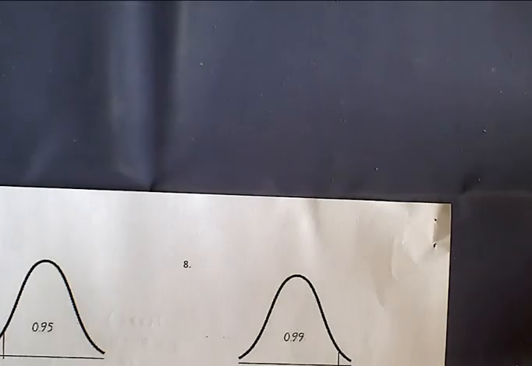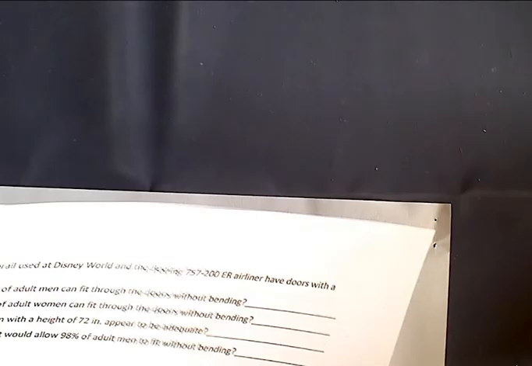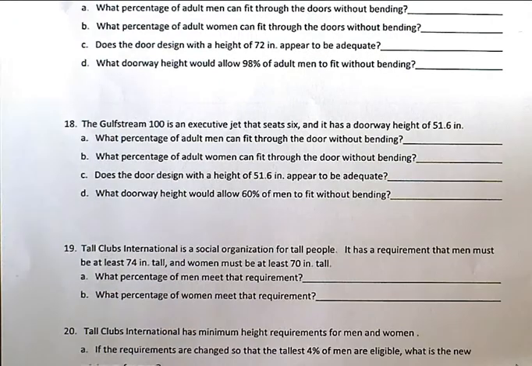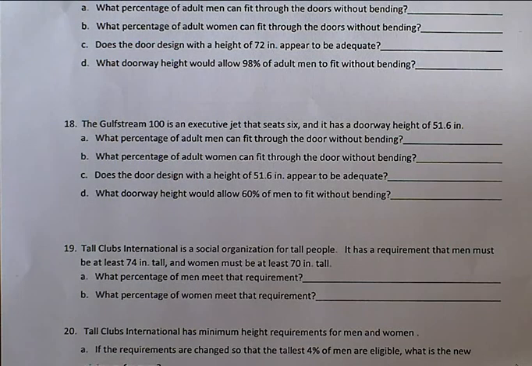Okay. On these exercises, I may have got a little carried away with the problems here. I'll let you stop at number 20. Okay. So that's going to be plenty of practice with these. Okay. So 17 through 20 here.